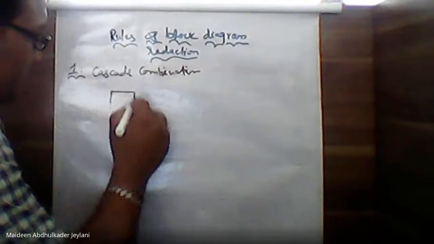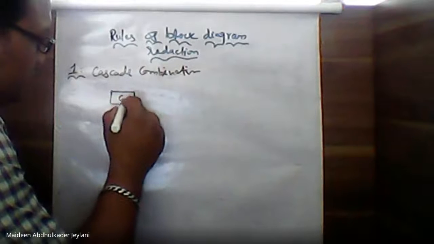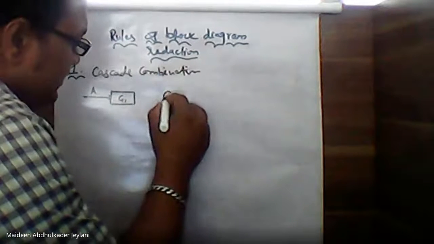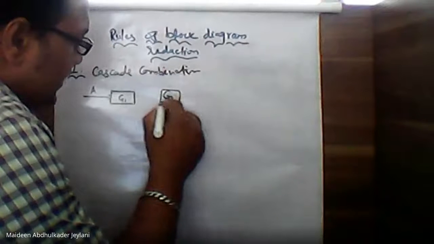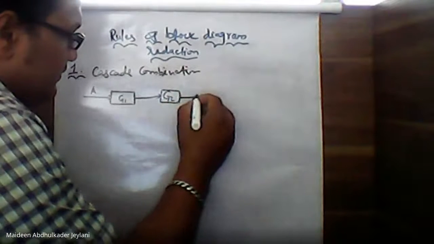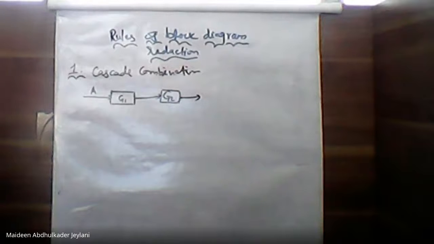So I have G1. The input of G1 is A. And I have another system gain as G2, and here our output.